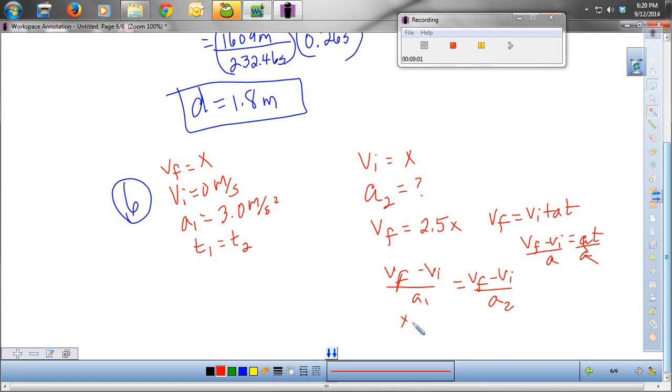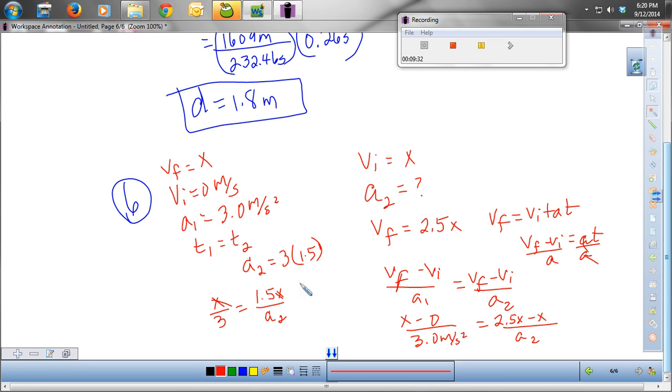So VF was X minus 0 over 3 has to equal 2.5x minus x over A2. So if I do the algebra, I get x over 3 equals 1.5 x over A2. The x's will cancel. And if I cross multiply, acceleration 2 is simply 3 times 1.5. And I am good to go. So my acceleration is 4.5 meters per second squared.